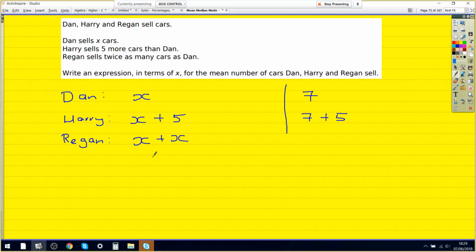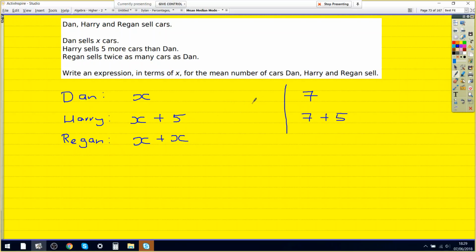Okay, how could you write the mean of the cars they sold? You can imagine what you would do if they were normal numbers, and then just do that with the X numbers. I don't know.